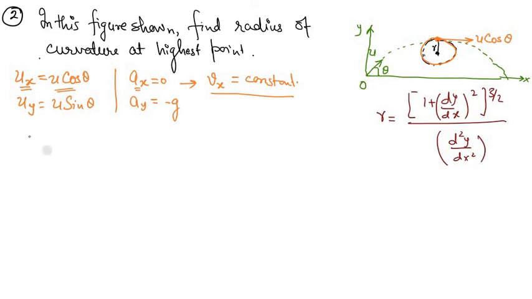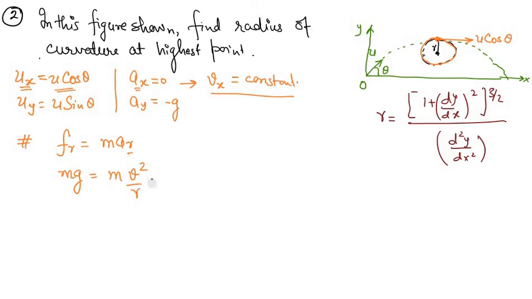Now apply the circular motion concept. For circular motion, I told you to write the radial equation of motion, that is m a_r. So your radial force, which is the central force, the force towards the center, is mg. Taking the direction towards the center, mg is equal to m times the radial acceleration v square by r.